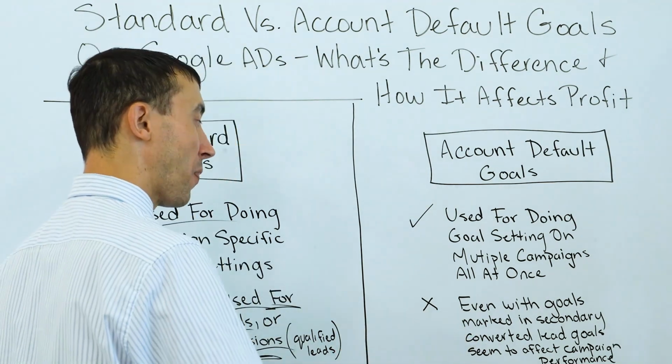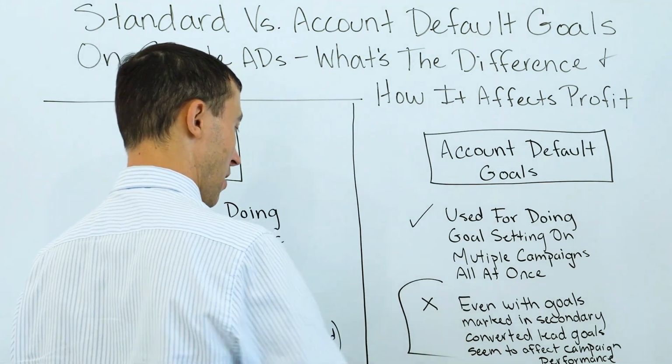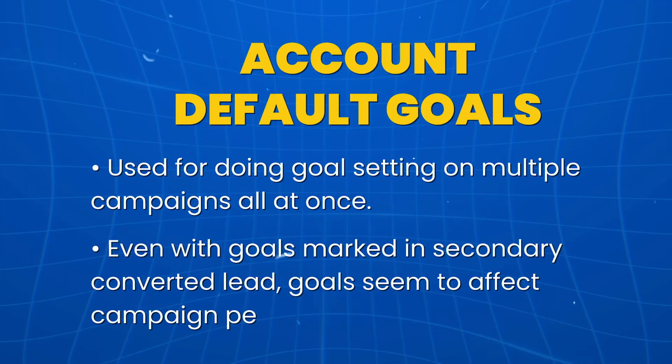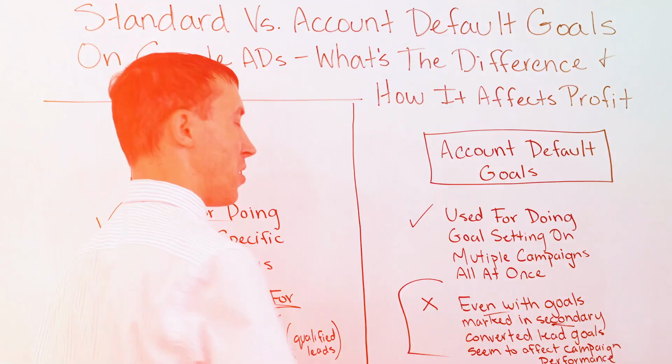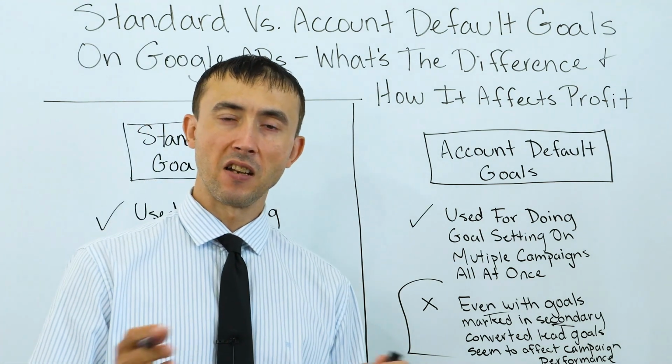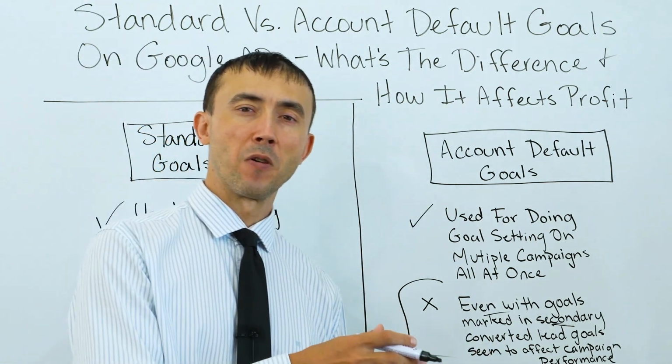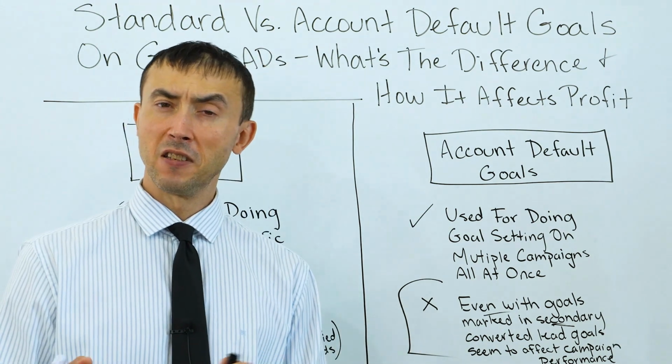But with that, here's a very key thing. This is what prompted me to make this video in the first place: even with goals marked in secondary, which again, Google has primary and secondary goal status. You mark a goal in primary, Google utilizes that for steering of your campaigns. If it's in secondary, it's not.